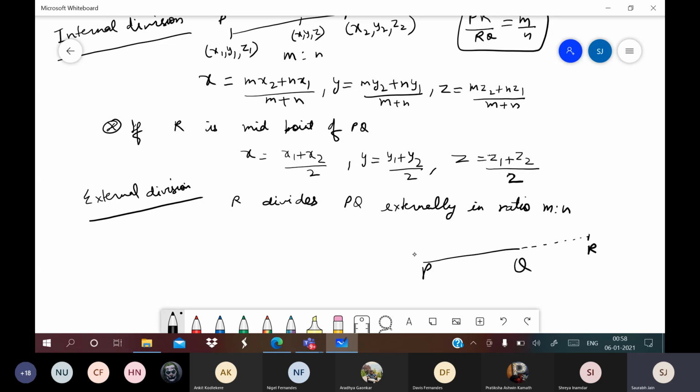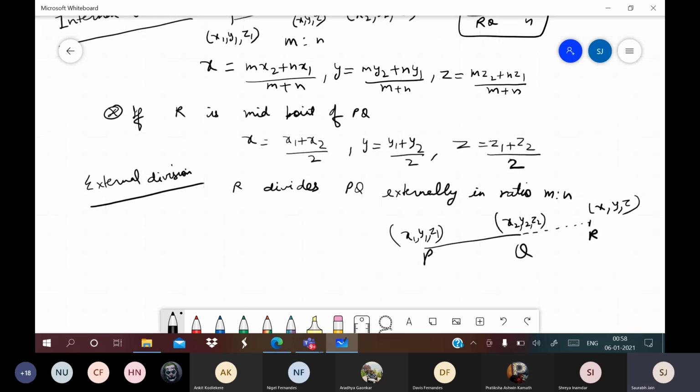This is called external. Again, this is (x2, y2, z2), R is also the same (x, y, z), just like the previous case. Just the ratio is now external. If you remember, we studied the same formula. Just what were the changes?